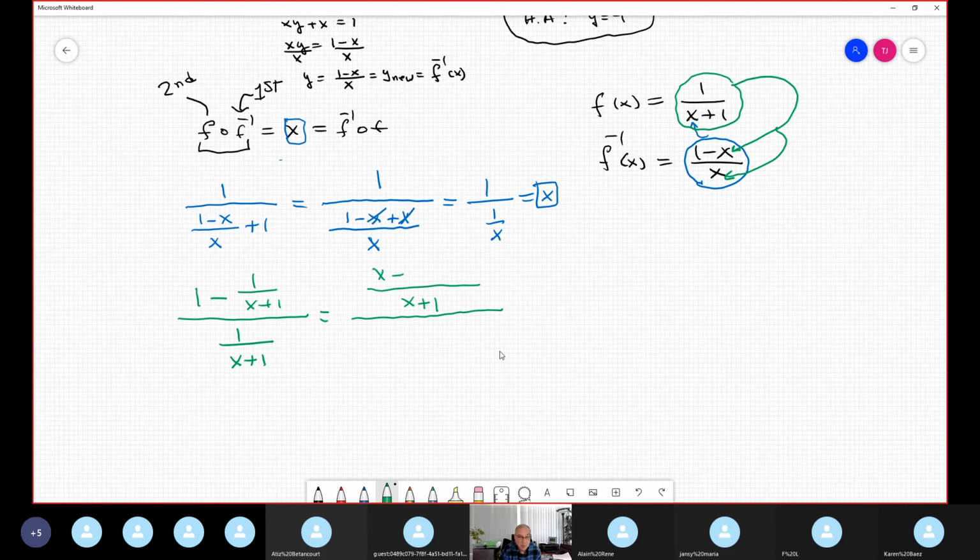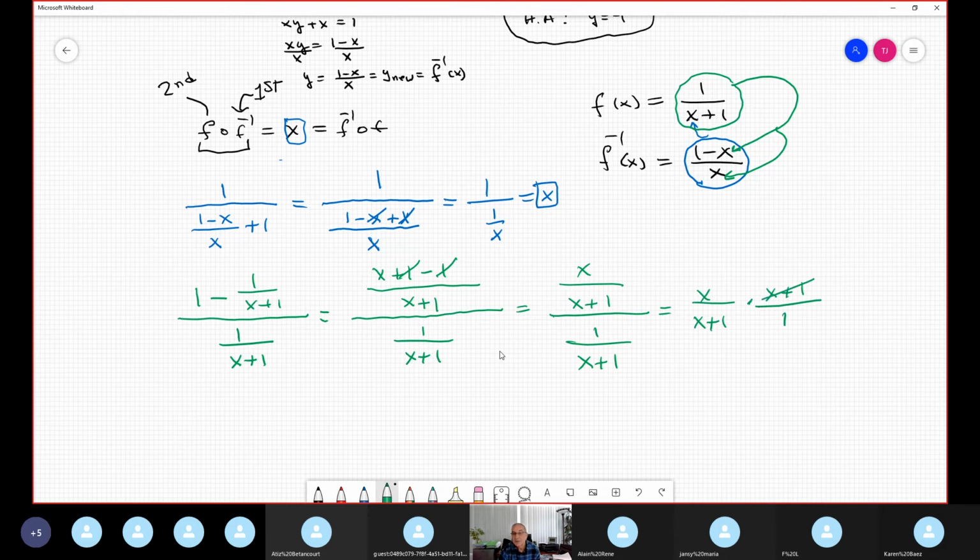So we have x plus 1 minus 1 divided by 1 over x plus 1. This one and this -1 is cancelled. We have x over x plus 1 divided by 1 over x plus 1. And this is a complex fraction. You copy the top expression exactly the same, flip it. X plus 1 over 1. It's cancelled out, and the answer again is identity. Because our inverse that we found before works perfectly with the original function. Okay.